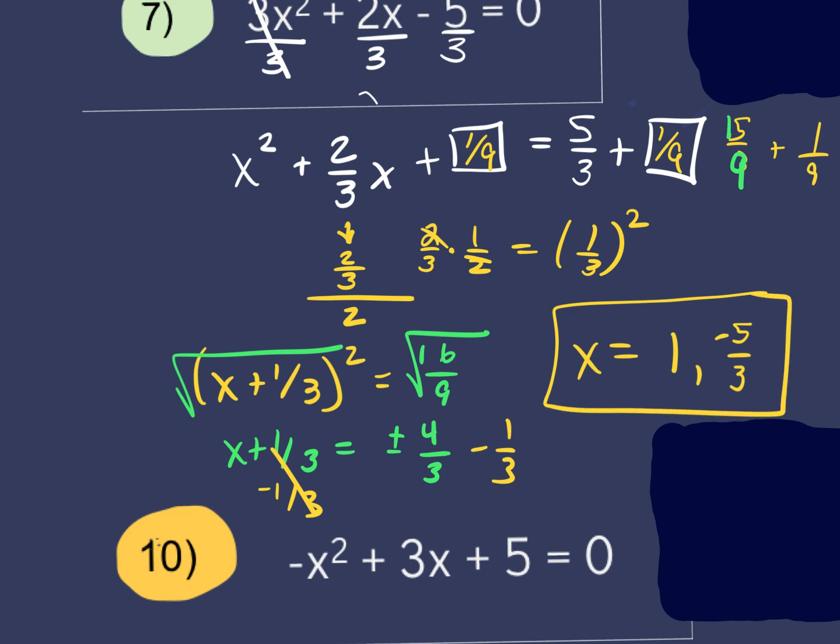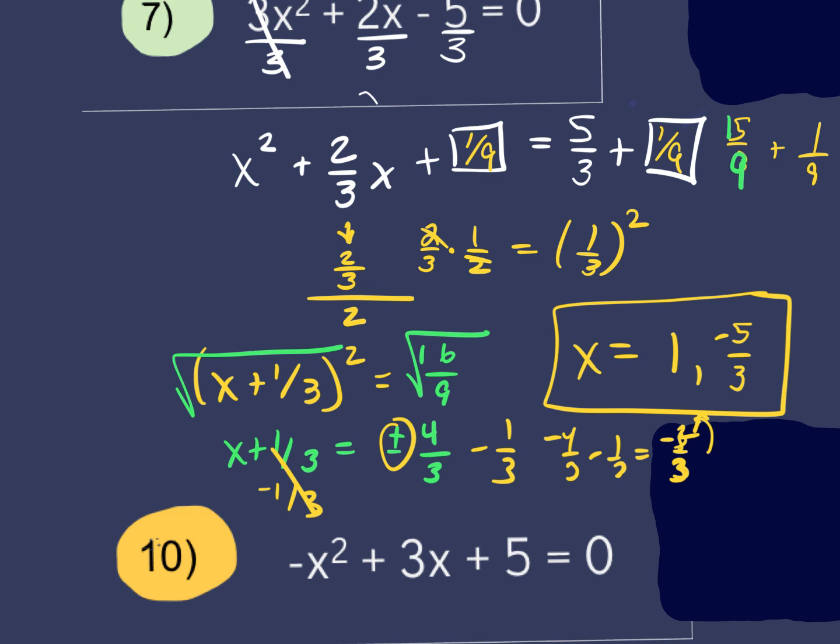Yes. So if you have a question that says solve, try to factor it first. Where did you get the 1 from? When you have 4/3 minus 1/3, you get 3/3, which is your 1. Negative 4 minus 1 is negative 5/3, because this is plus minus.